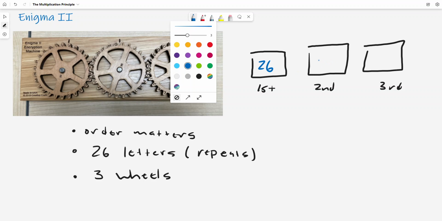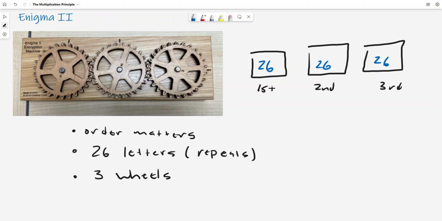But we choose another letter, another 26, because remember that you're choosing a 3-letter key. So you're thinking of cat, toy, and so on, just 3 letters that make sense to you as a key. That could even be ATM, for example. After that, there are 26 letters that you can choose for the 3rd spoke wheel as well.